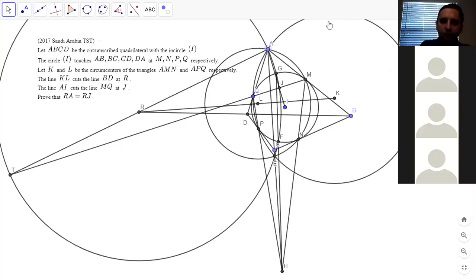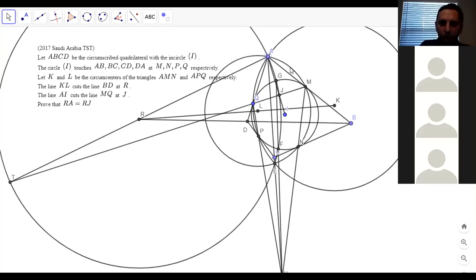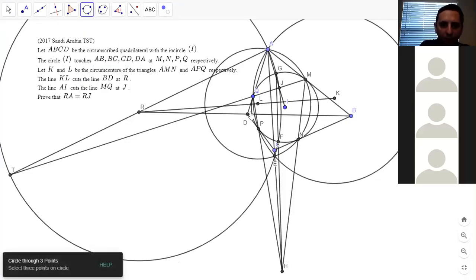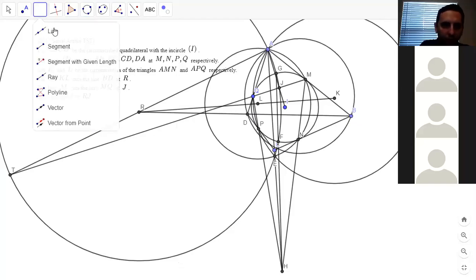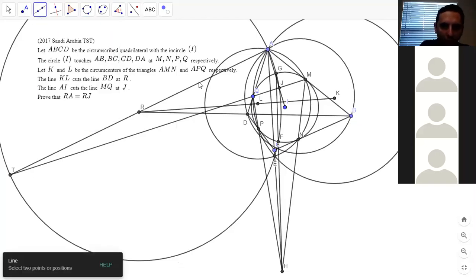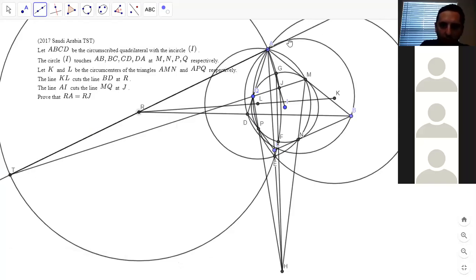Is RA tangent to the circle ABD? I don't think so. Or let's see. So if I draw, it intersects it again. Oh yeah.